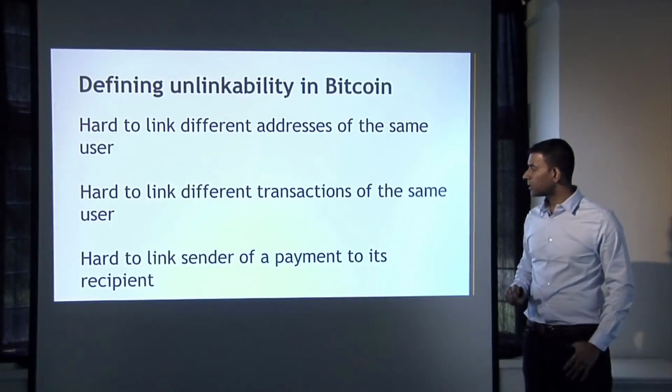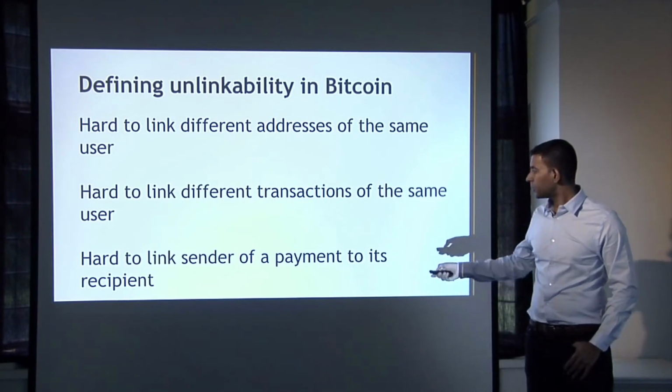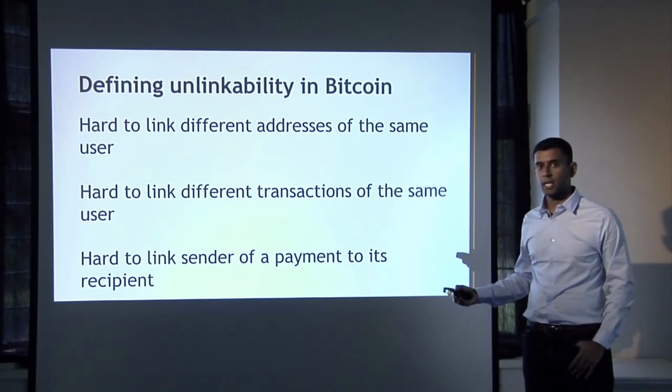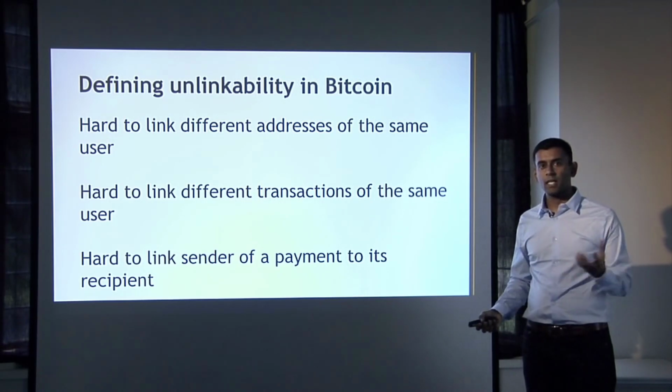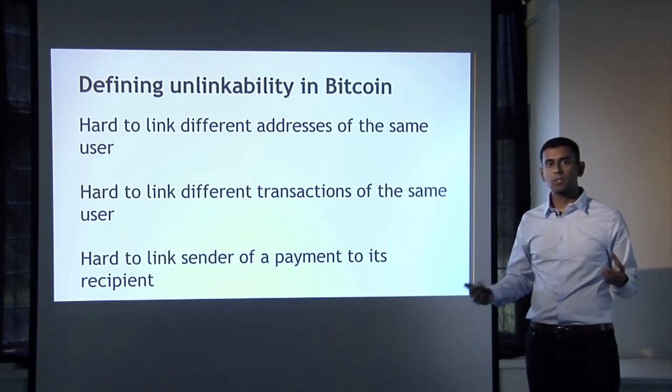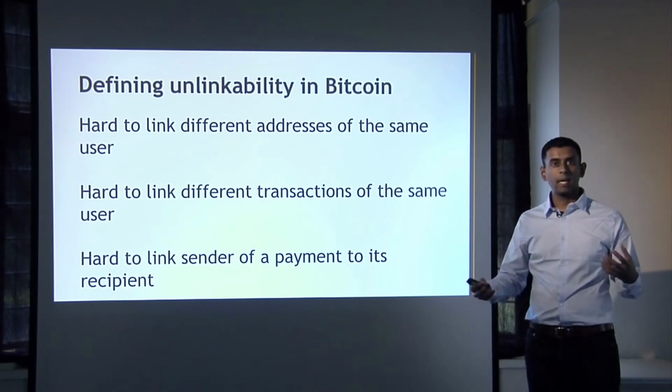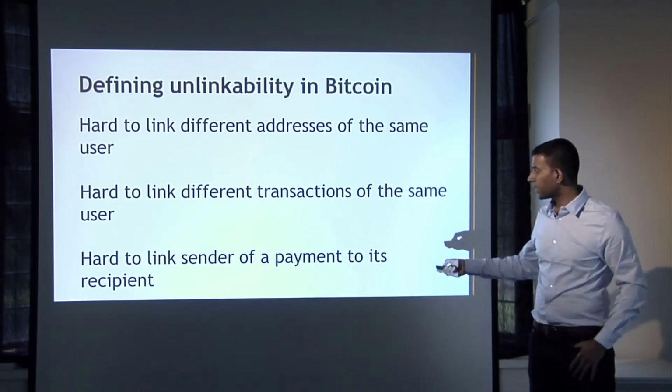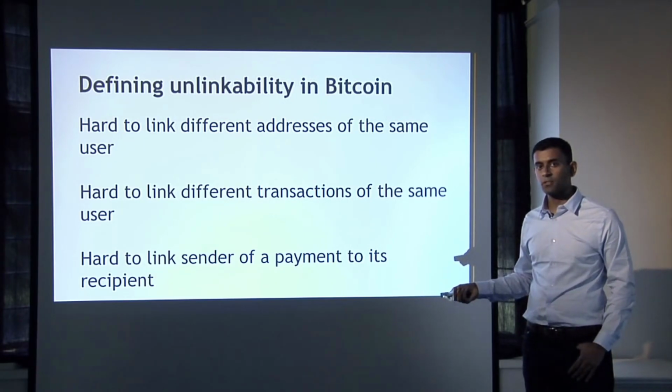This one might sound a little confusing at first, because if you interpret a payment as a Bitcoin transaction, then of course that transaction has inputs and outputs. And these inputs and outputs are inevitably going to be in the blockchain publicly and linked together. And so you might think that this is impossible to achieve.